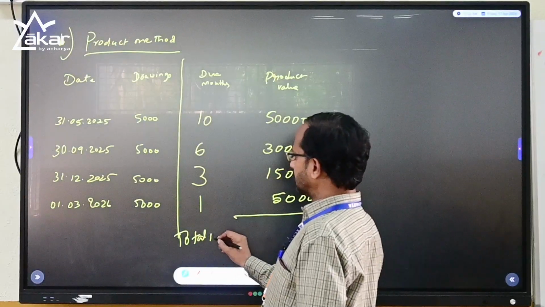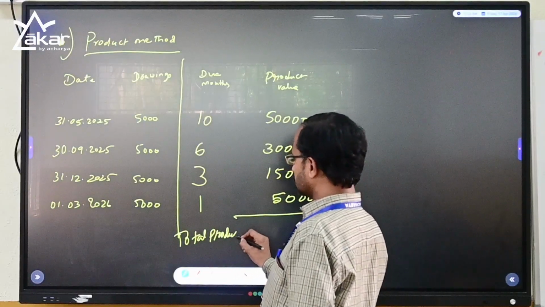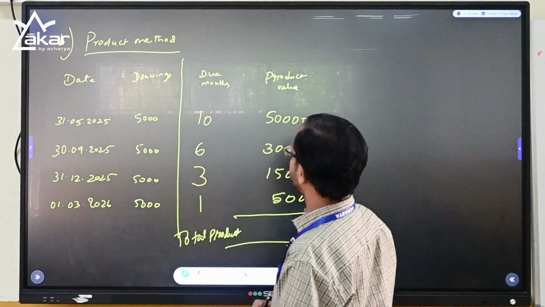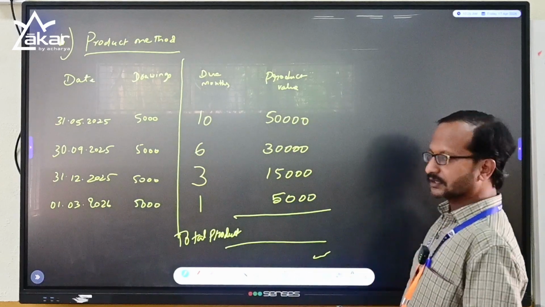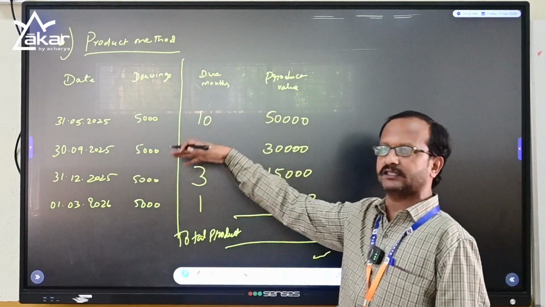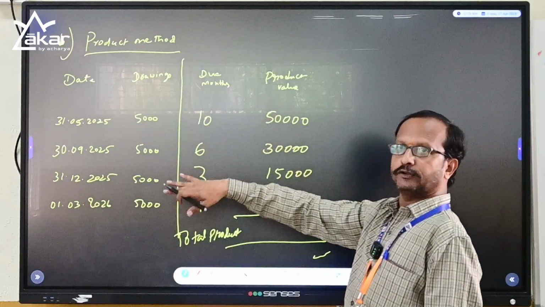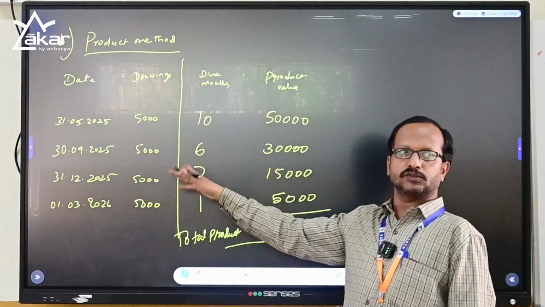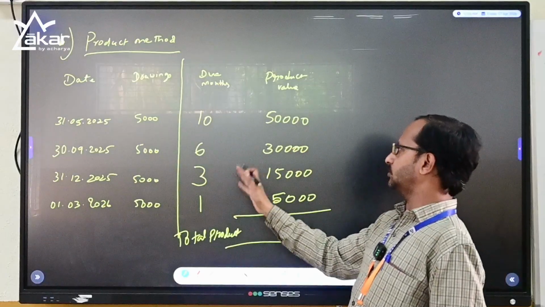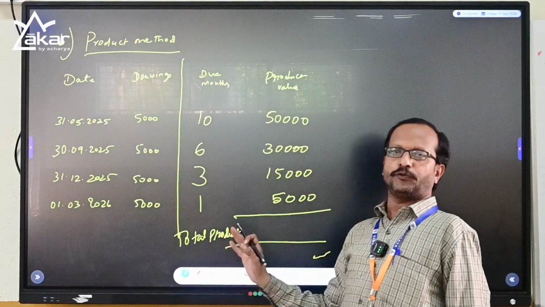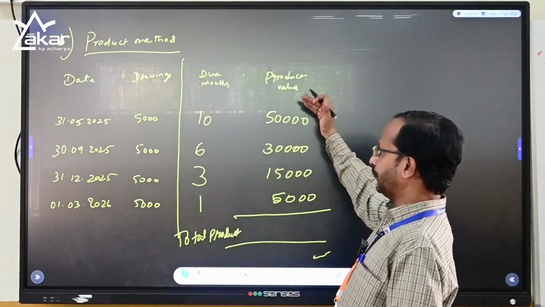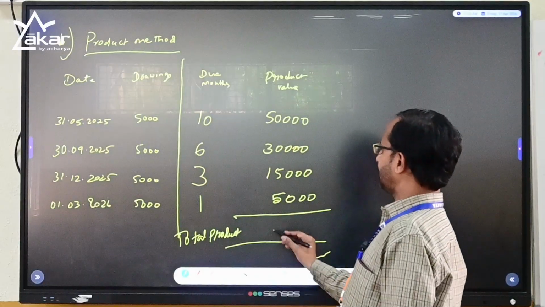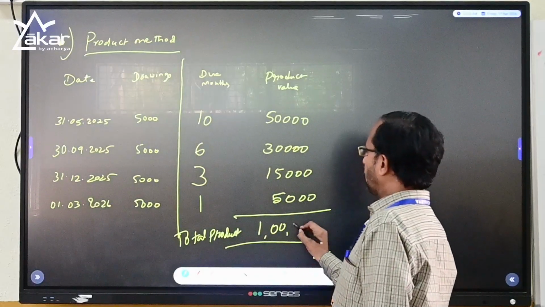So this will be your total product value. I repeat my words, 5,000 is the drawings and the number of months is 10. So under product method, 5,000 into 10, 50,000, 5,000 into 6, 30,000, 5,000 into 3, 15,000, and lastly 5,000 into 1, 5,000. So 50 plus 30, 80, plus 15, 95, plus 5, the total product will be 1 lakh.